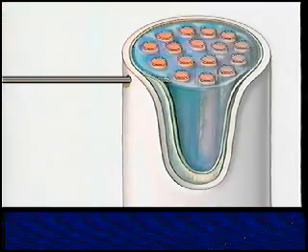This is a close-up of the needle in place through the dura and arachnoid. The spinal fluid has been replaced by the contrast media, which in this case is an oil contrast media.